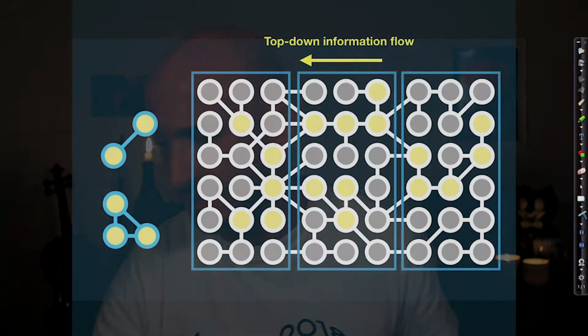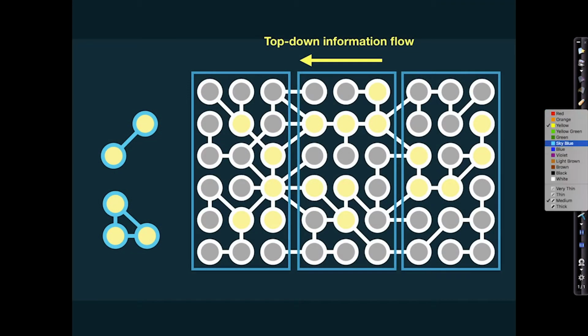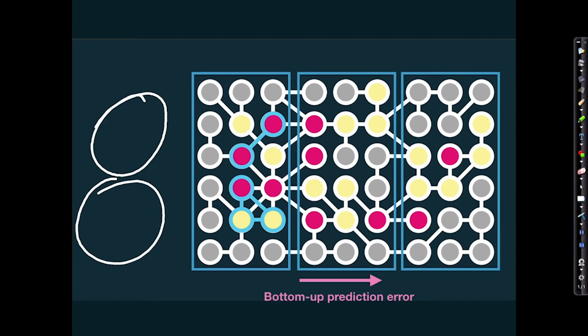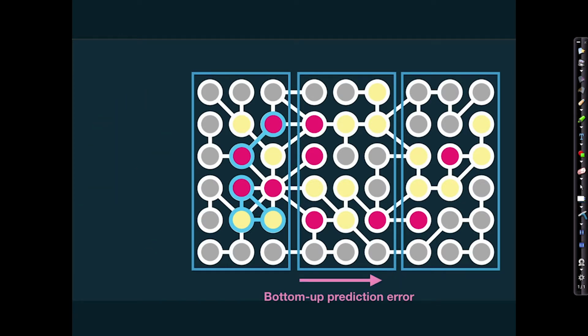So let's have a look at how we imagine this. This is our normal, regular, hierarchical, top-down information flow model. We're trying to predict this sensory information, and we fail. We get this bottom-up prediction error, which flows upwards to the high levels of the cortical hierarchy. And what does the brain do then? Well, it attempts to reduce those error signals.